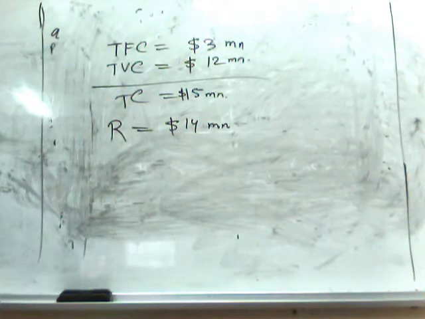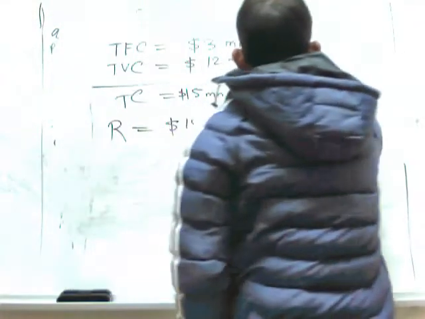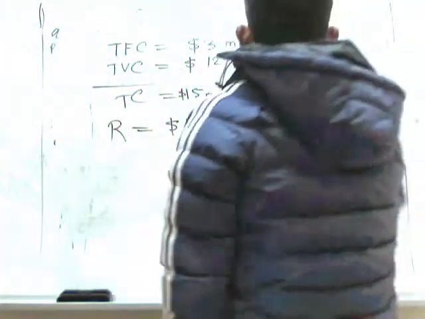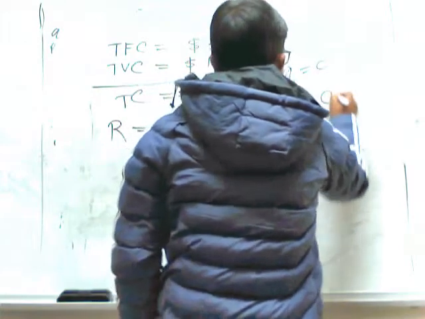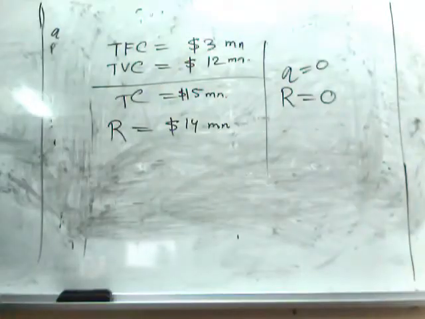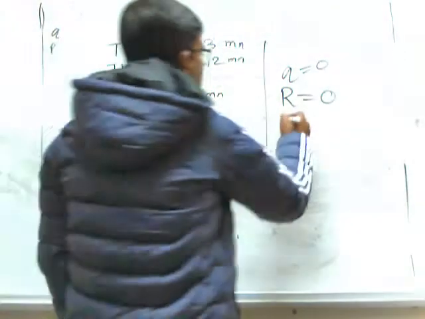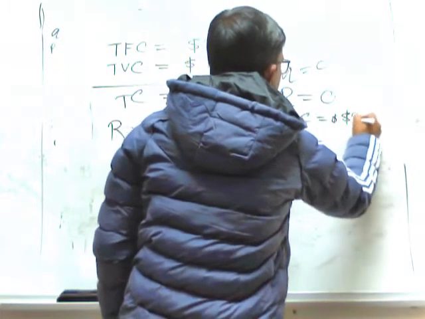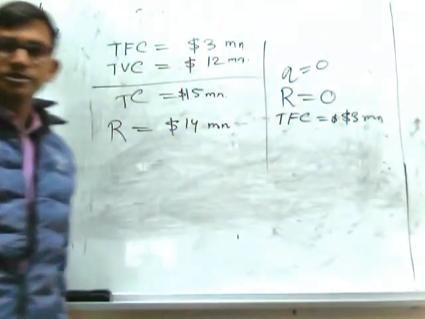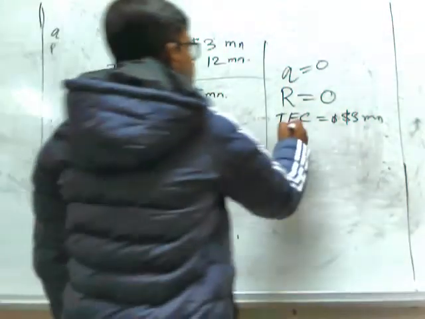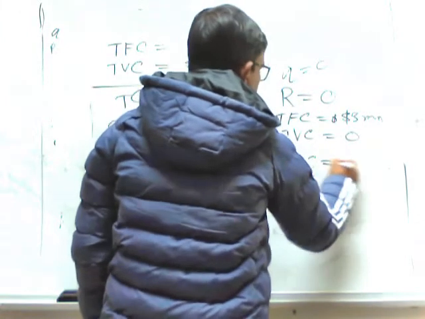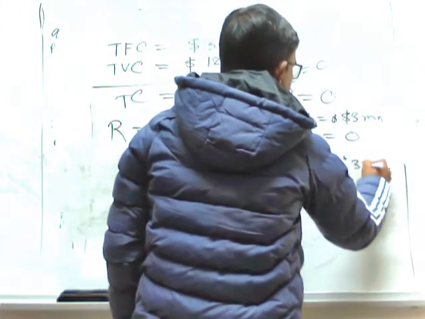So in this case, if the firm stops production, if Q equals 0, what will we see? Revenue equals 0. Total fixed cost equals $3 million. And total variable cost equals 0. So the firm's total cost will be $3 million and revenue 0.